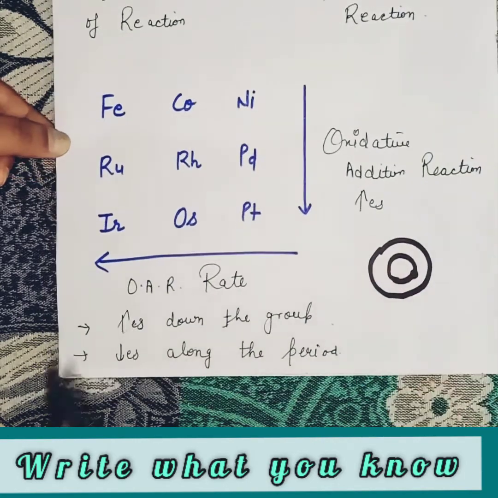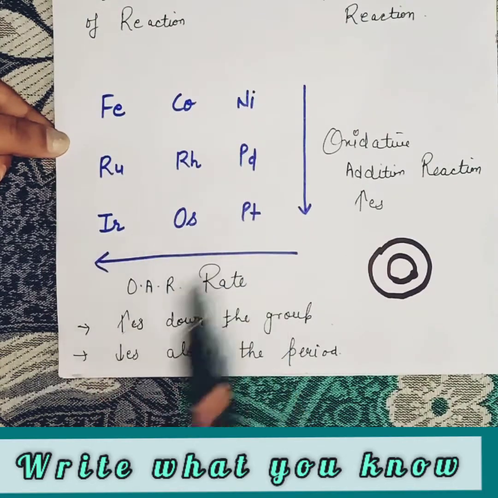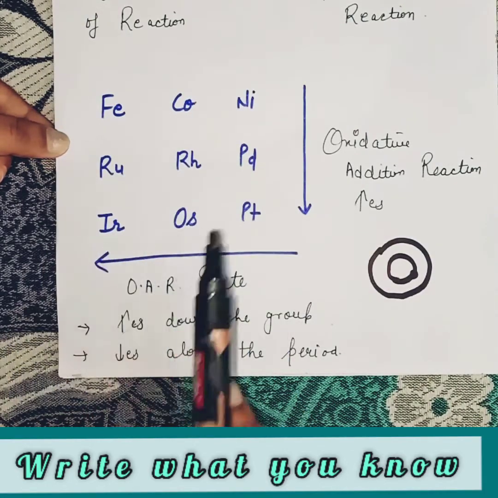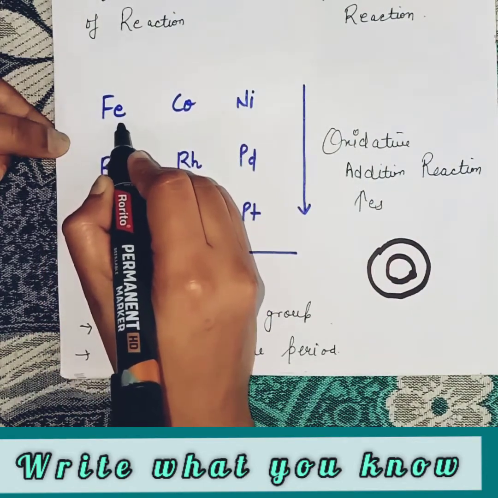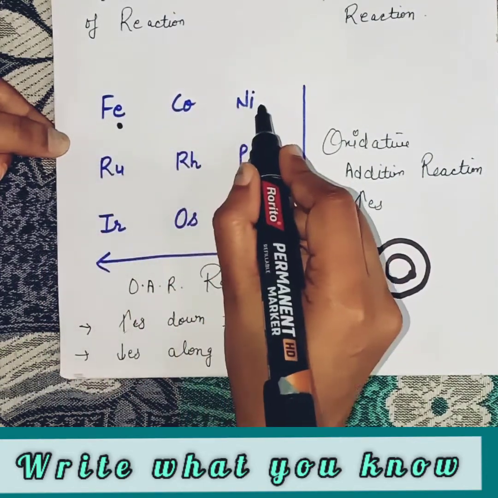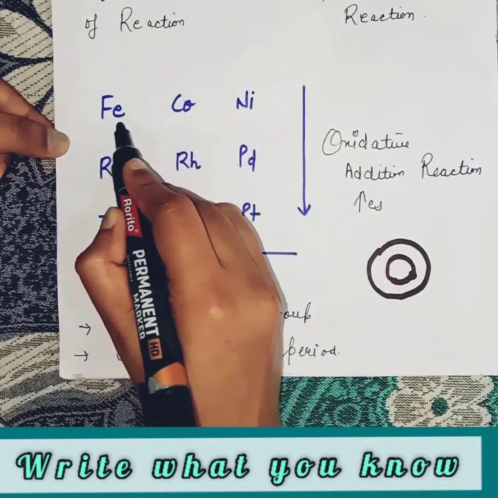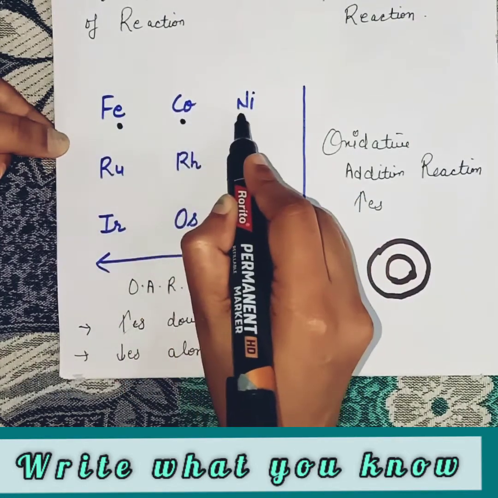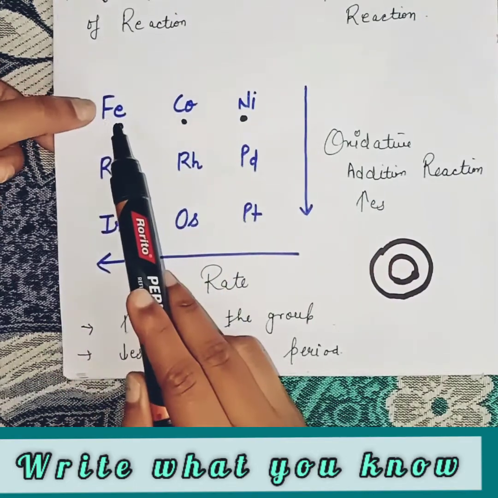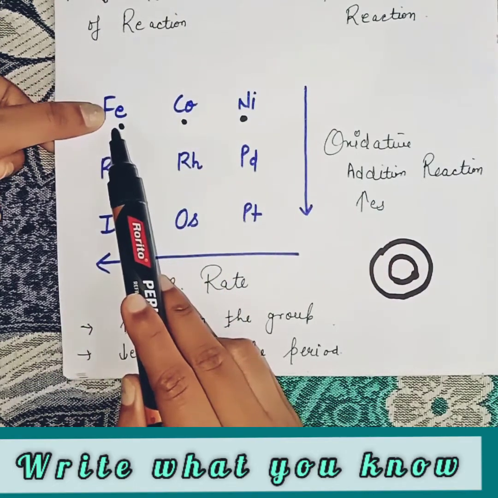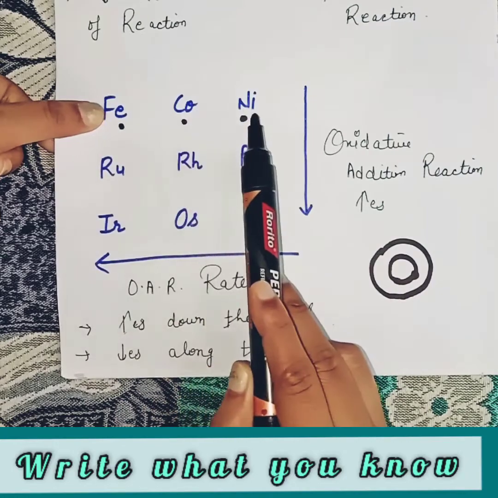That's the reason. And why does it decrease along the period? Because along the period the number of shells remains the same, but the number of electrons increases. This one has 26 electrons, so it has 8 electrons in its last shell, the next has 9 and the next has 10.